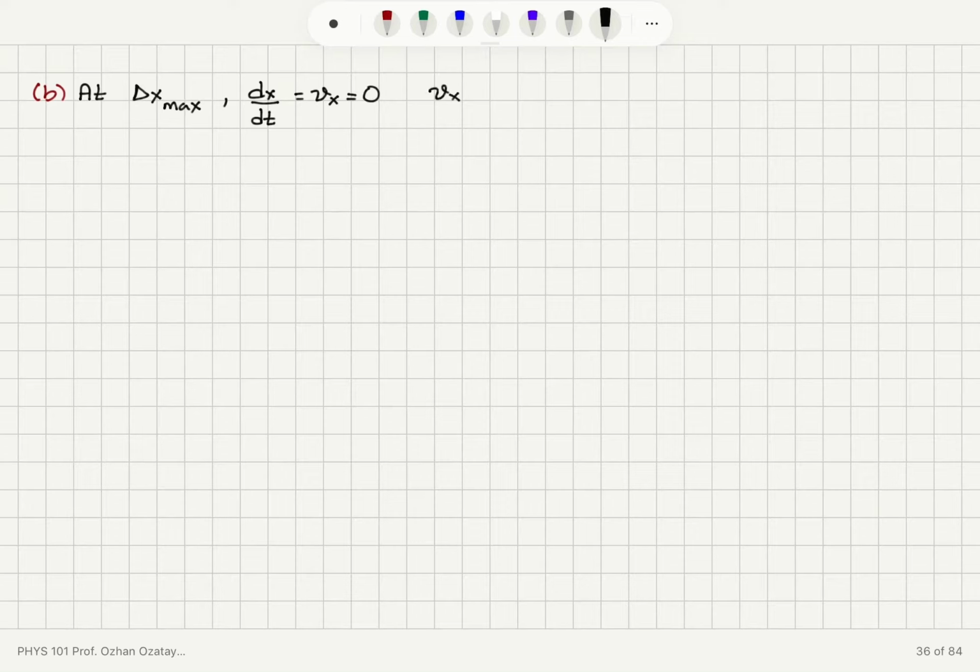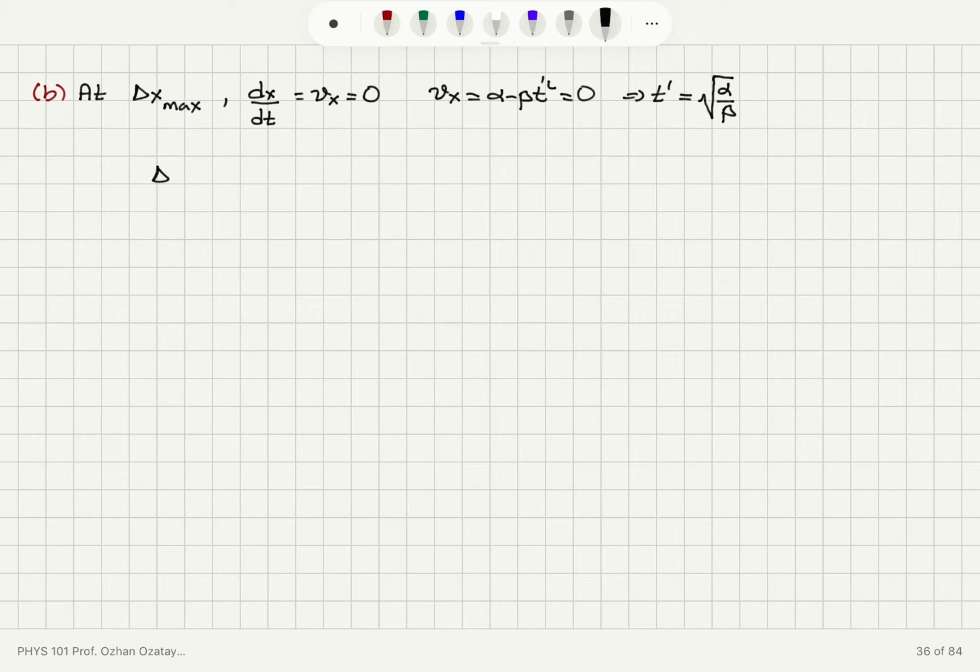Since Vx was alpha minus beta t squared equals 0, at that particular time t prime, that time t prime is square root alpha divided by beta.